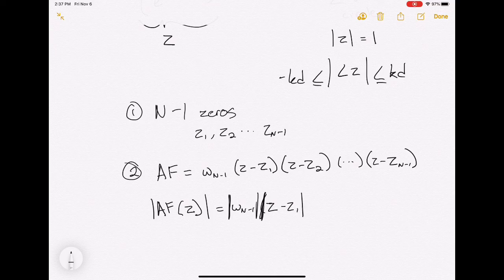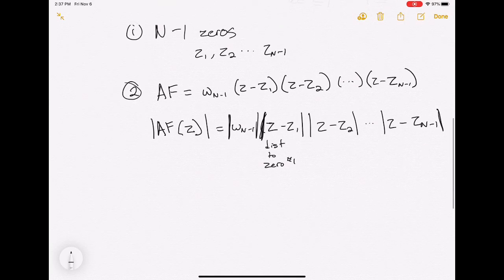So that would be the distance to zero number 1, and this next term is the distance to zero number 2, and then all the way up to the distance to zero N minus 1. So the further away you are from all of the zeros, the larger the amplitude of your polynomial is.